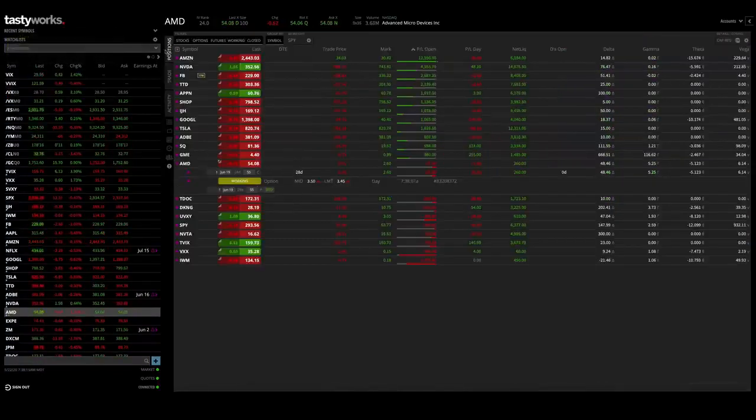So if I go to the positions tab yet again, I have a working order to buy the 55 put in June, 1 contract for a limit buy price of $345. And the mid price is currently $350. So this will have to come down just a little bit for me to get filled on this trade.